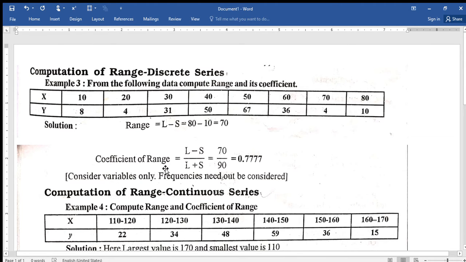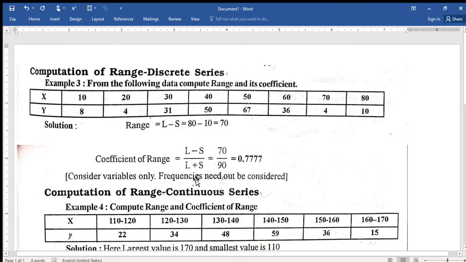Coefficient of range. The formula is absolute range divided by sum of two extremes, or L minus S divided by L plus S. In this case, 80 is the largest value, 10 is the smallest value. 80 minus 10, we get 70.